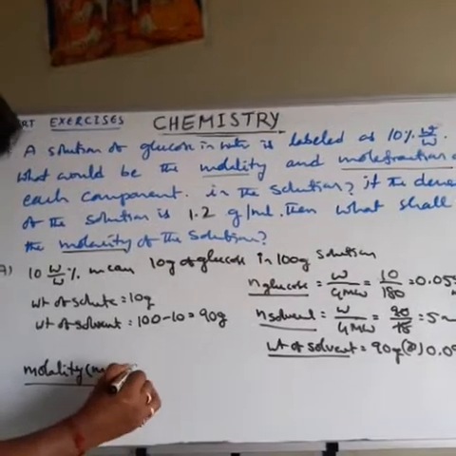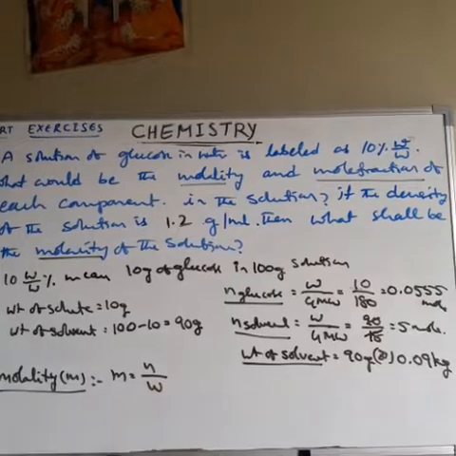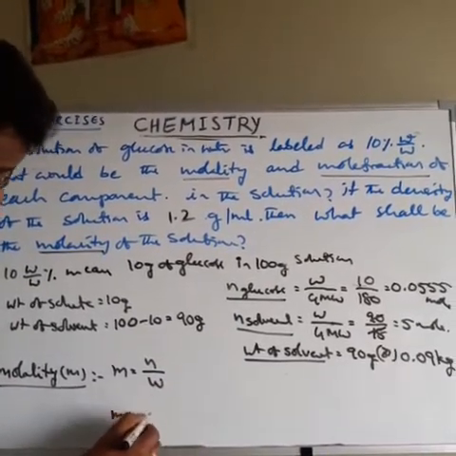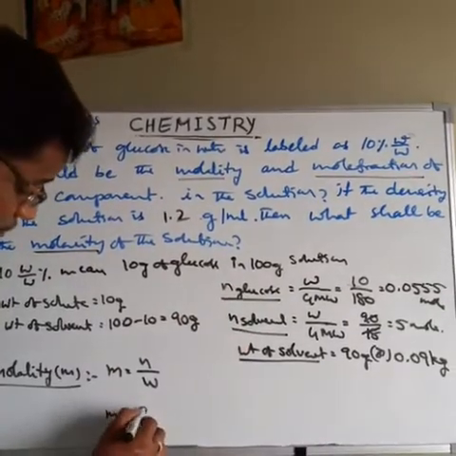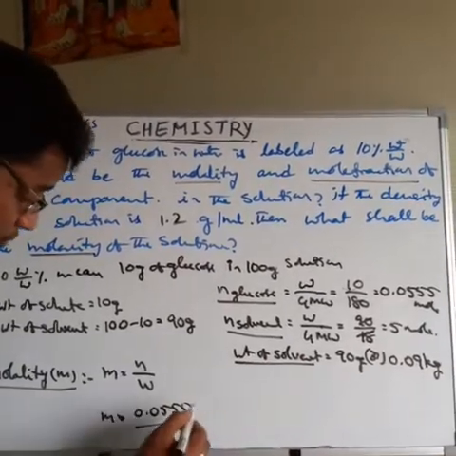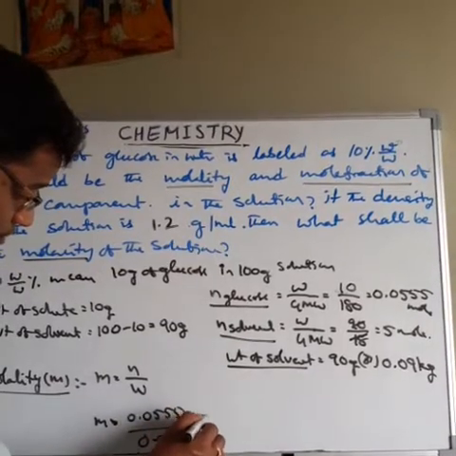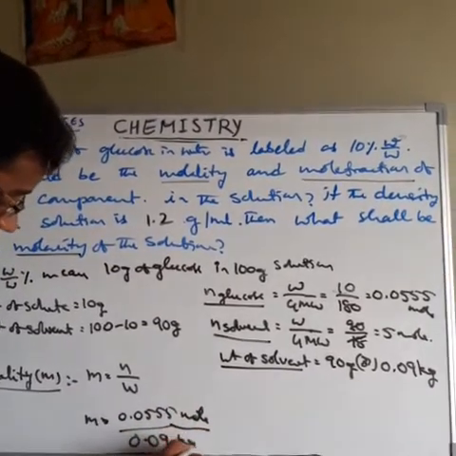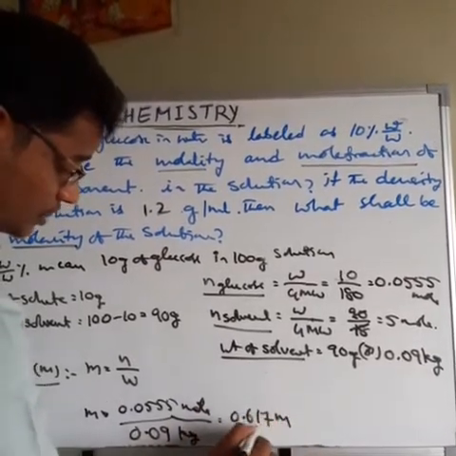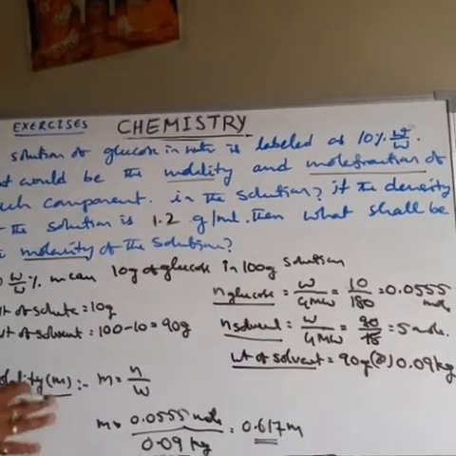Molality is equal to number of moles of solute divided by weight of solvent in kilogram. Number of moles of glucose, the solute, 0.0555, divided by 0.09 kilogram. Its value is 0.617 molality, or mole per kilogram. So this is about the molality.